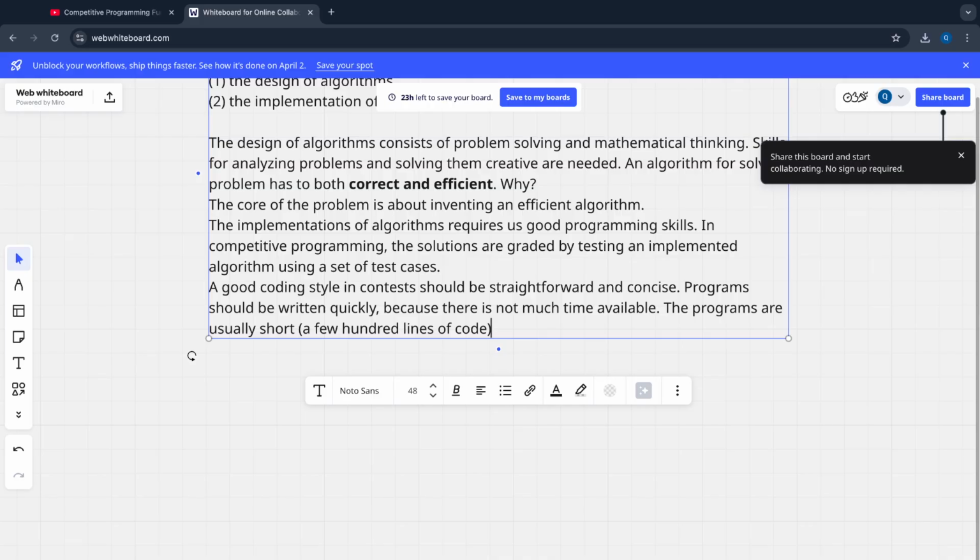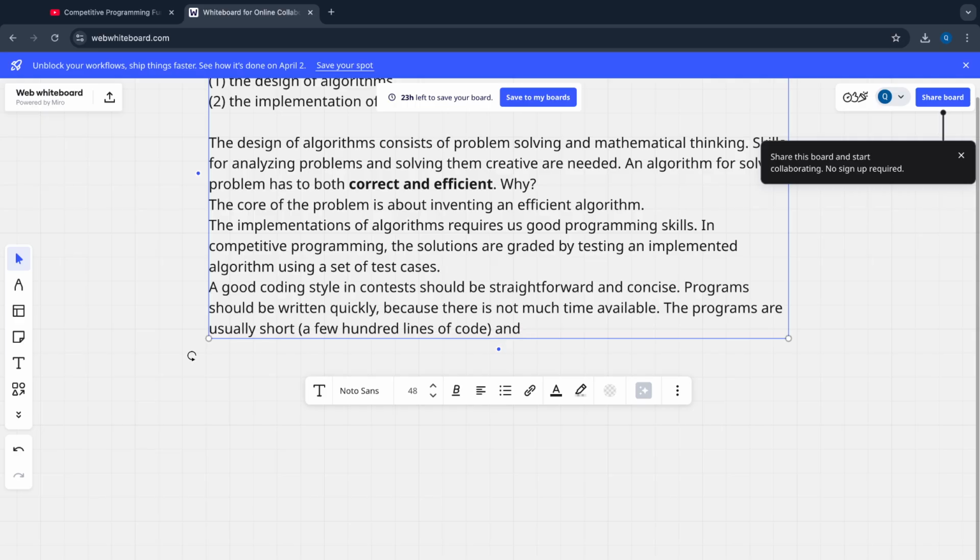If your problems are less complicated, the number of lines should be reduced accordingly.